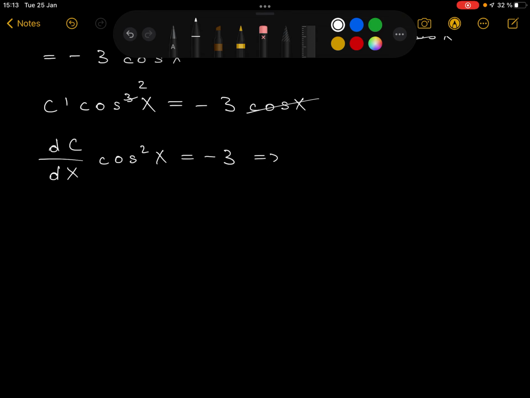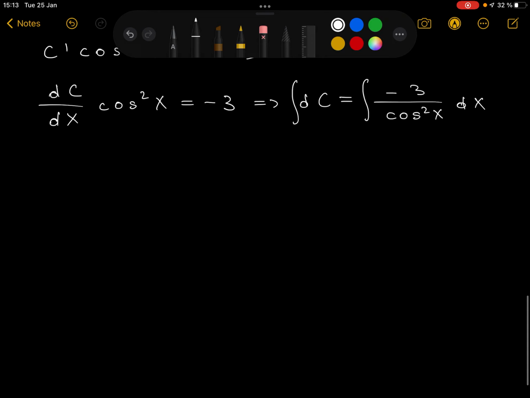Or, in other words, dc is equal to negative 3 over cosine squared x dx. When we integrate both sides, we'll get that c is equal to negative 3 times tangent x plus some other constant k.